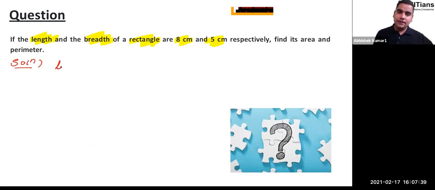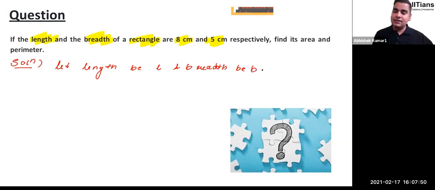Let's say length, I'm going to denote by L. Let length be L and breadth be B. These are the symbols that we are using. L is given to be 8 centimeter and B is provided to be 5 centimeter.